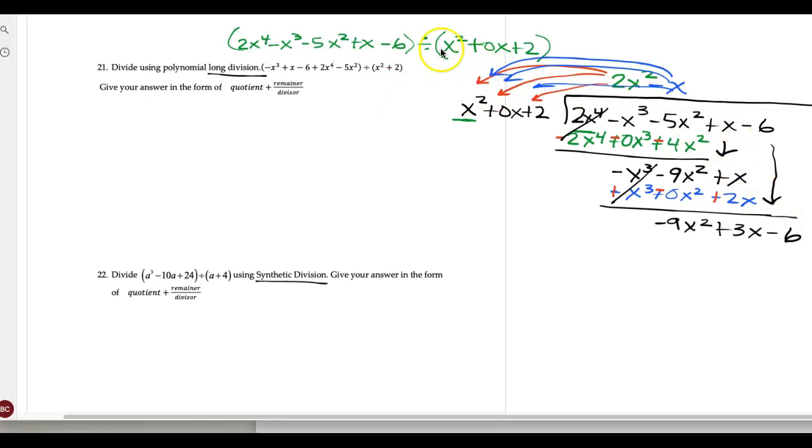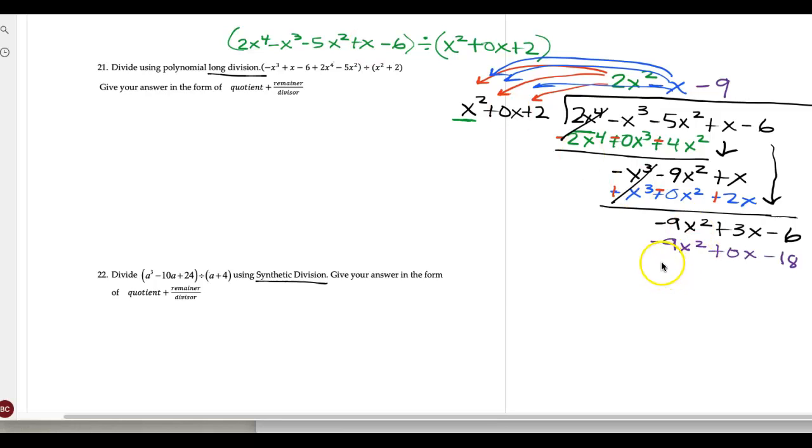And then we start it over again. So let's see, I'll do purple this time. What times x squared gives me negative 9x squared? Well, that would be negative 9. And that's now what I need to distribute to everybody. Negative 9 times x squared is negative 9x squared. Negative 9 times this is just going to give me 0x, and negative 9 times that is negative 18.